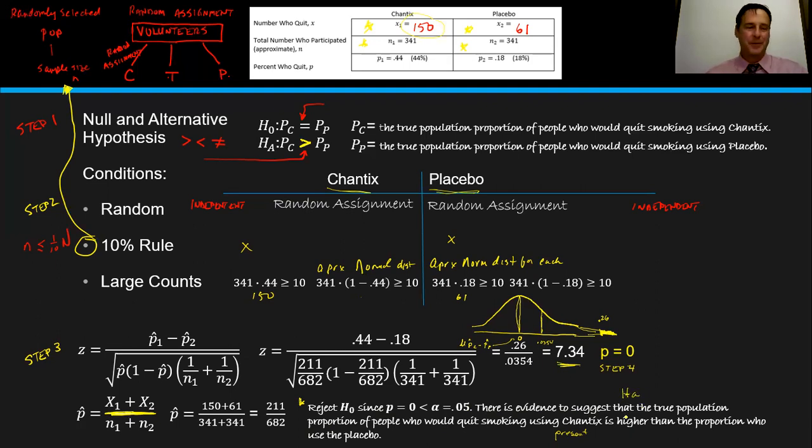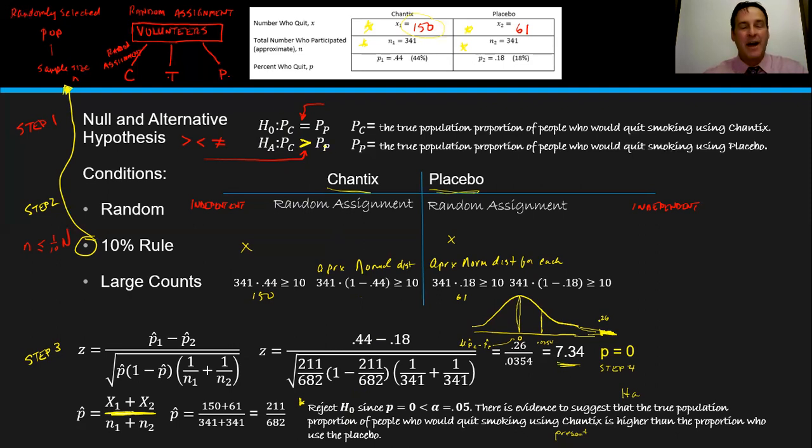Which brings up an important point. The way that I wrote my null and alternative hypothesis gives a very good conclusion at the end, because we were able to say that we believe the proportion of people who choose Chantix have a higher chance of quitting smoking versus the proportion who would use a placebo.